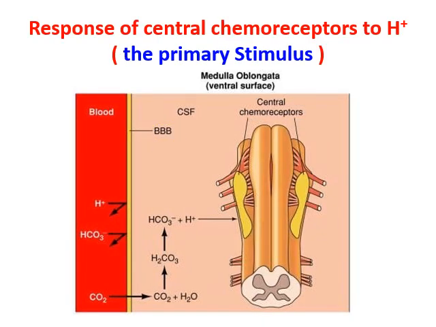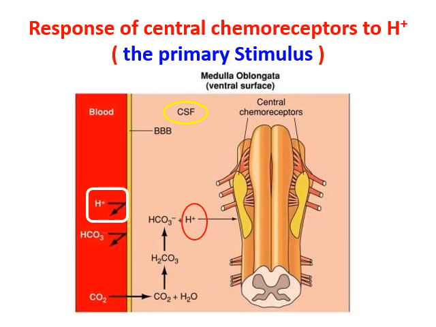Now, what is the response of the central chemoreceptor to the hydrogen ion concentration? Hydrogen ion concentration is the primary stimulus for the central chemoreceptor, as hydrogen ion in the cerebrospinal fluid and the surrounding interstitial fluid is the only direct stimulus for central chemoreceptors.